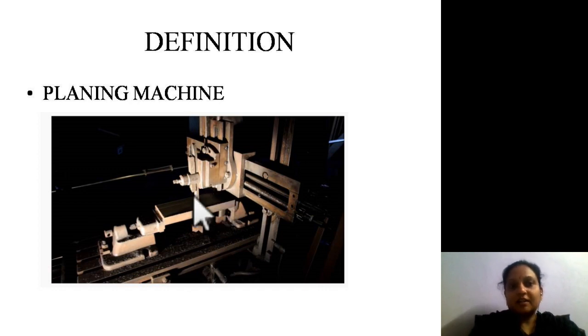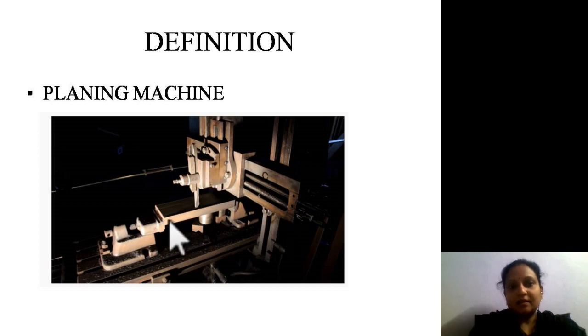Now if you look at the figure, the tool is fixed in the toolbox, and the base of this machine has a table, and over the table we have a workpiece. This workpiece is fixed and the table is moving with the help of a ram.